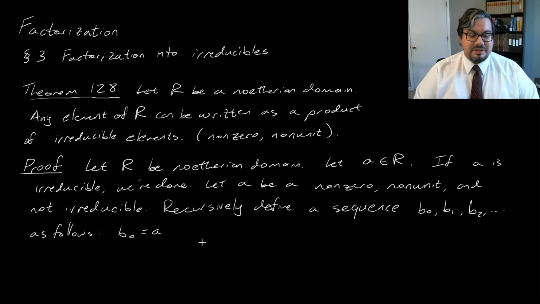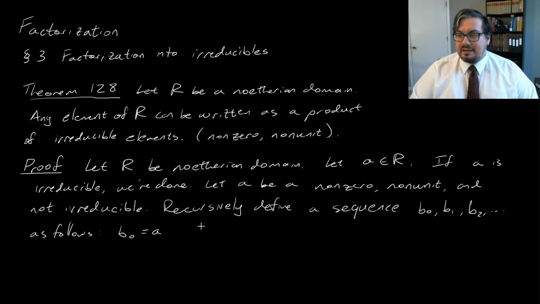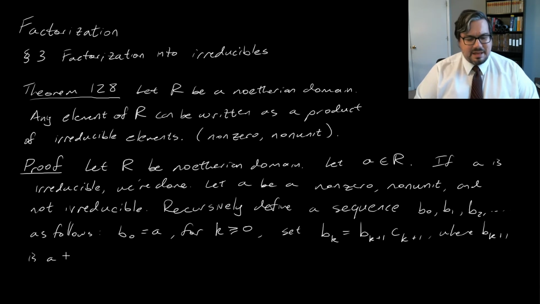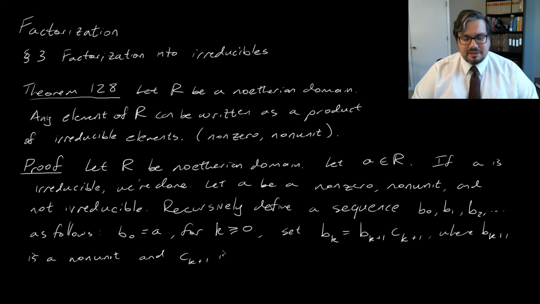B0 is simply going to be A, and then for all k greater than or equal to 0, we're going to set bk to be equal to bk+1 times ck+1, where bk+1 is a non-unit and ck+1 is a non-unit if possible.